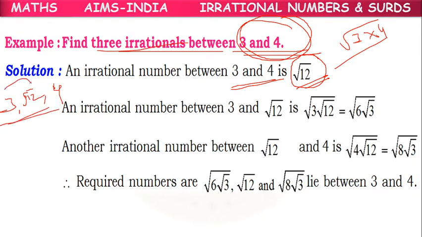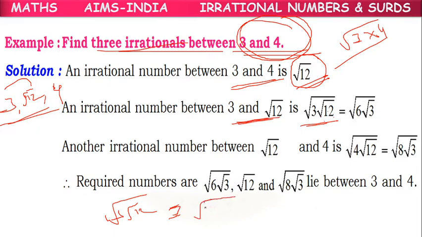Next, we will take 3 and root 12. So root of 3 into 12: root 3, root 12. This we can simplify because 12 can be written as 4 into 3.